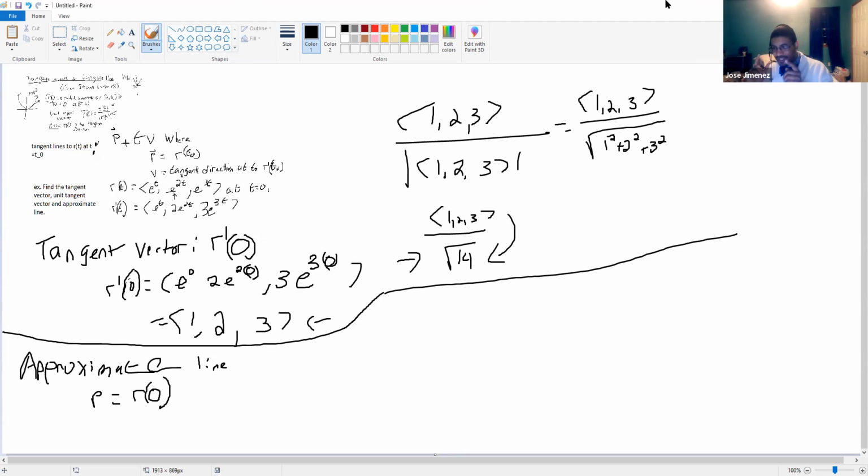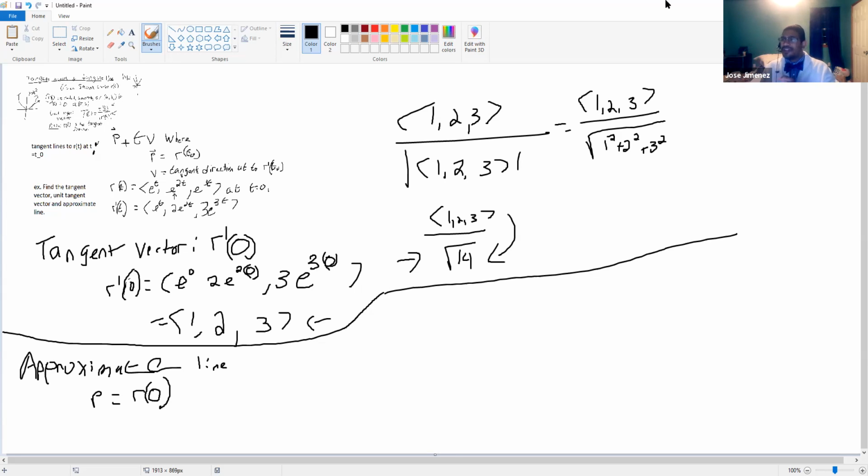This is recorded, which means if I rewatch it, you guys heard it before. When you're approximating anything, you want to use the original function because we're looking at the original function. We're not looking at the derivative of the function. I think you went through this in Cal 1, where when you were curve sketching, you had to sketch the actual derivative. The derivative is a different type of graph than the original function. Therefore, you have to use the original function when you're trying to approximate the tangent line to the function.